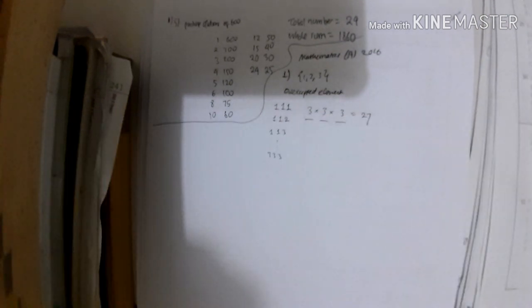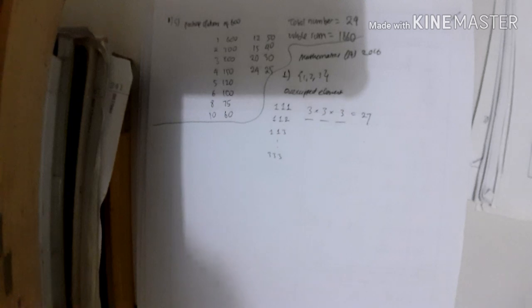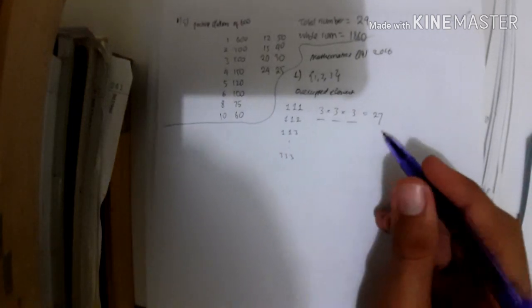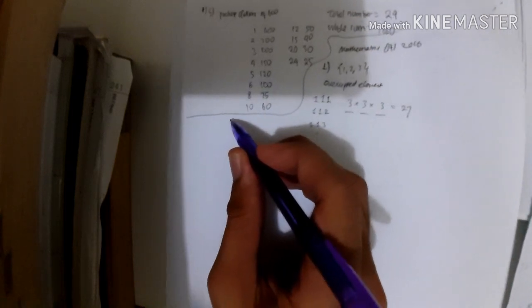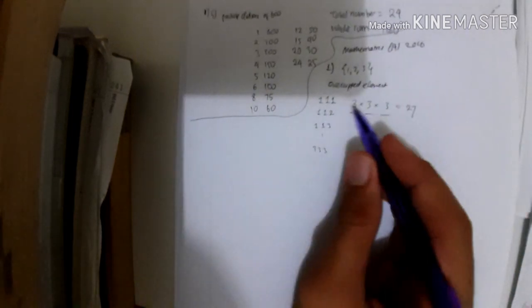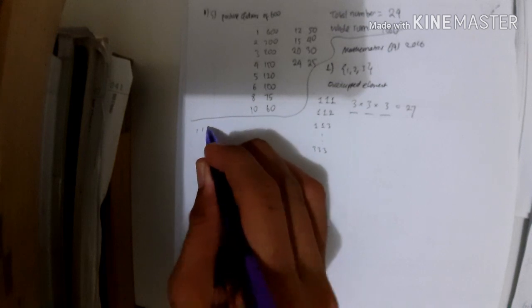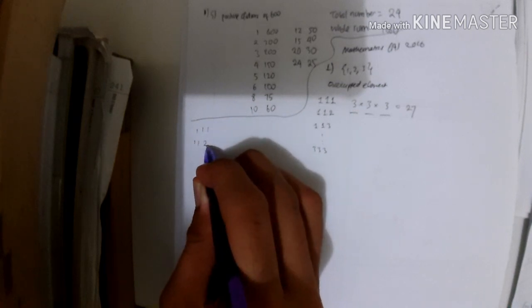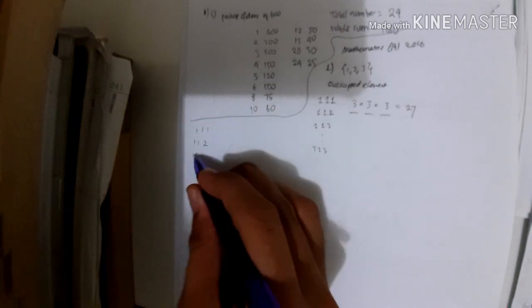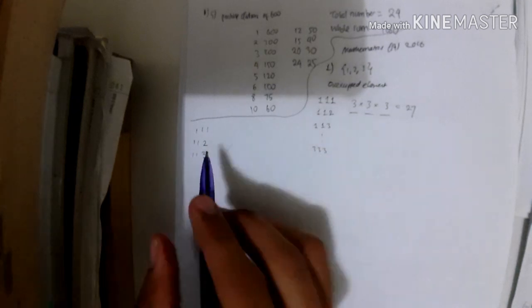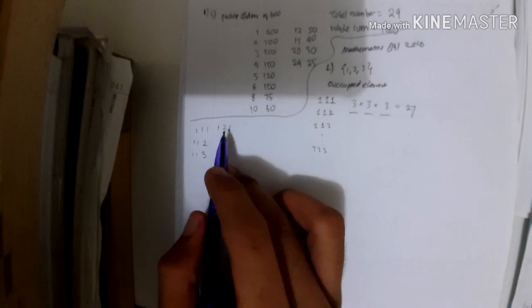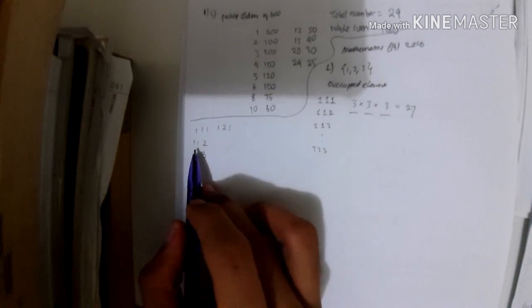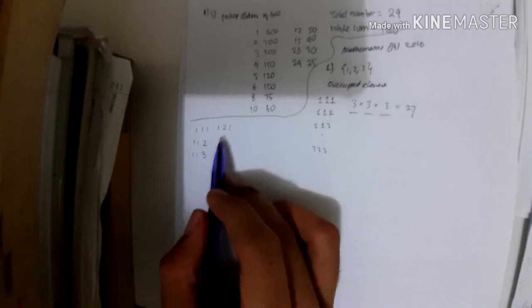What does this case mean? If we do not take the order into account, then when we write the numbers one by one, we have 111, 112, and 113. Then 121 is prohibited because it has the same elements as 112.